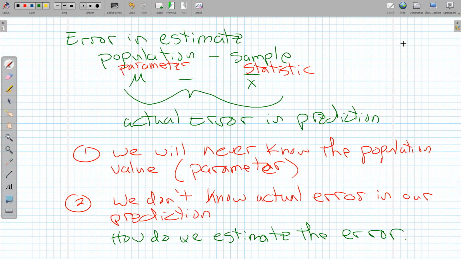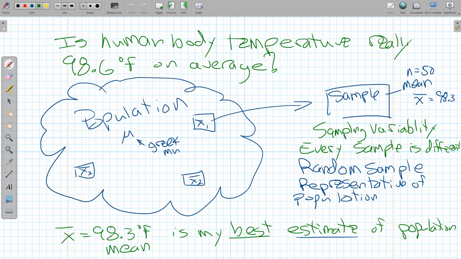Okay, so a couple big ideas here. We are trying to figure out what's going on in a population, and maybe that's the average, like the average percent of people who text while driving, the average body temperature of a person, the average income in a state. It's hard to get the information from every single individual in any population, whether it's humans or fish or squirrels or something else.